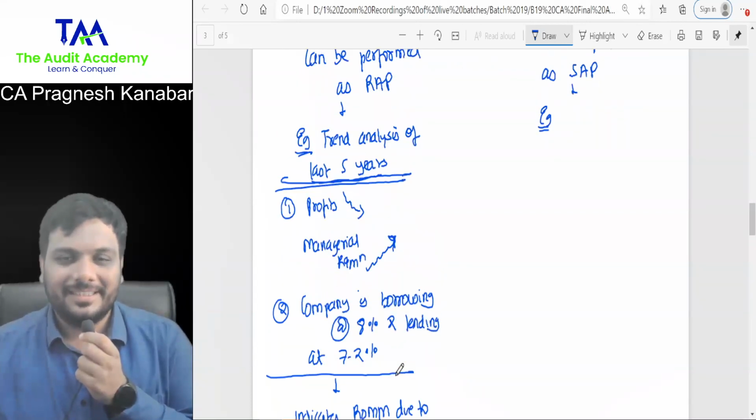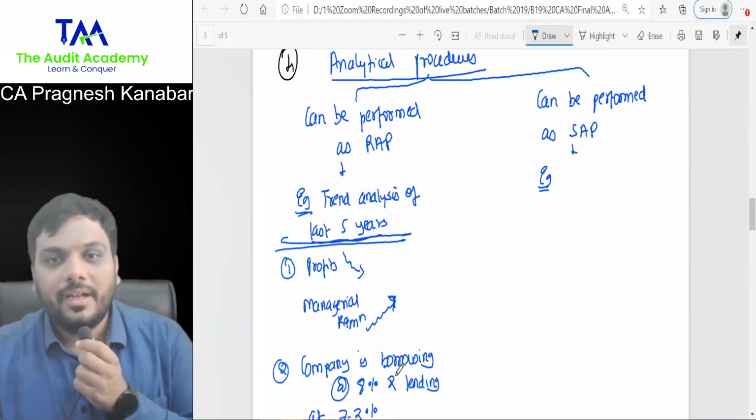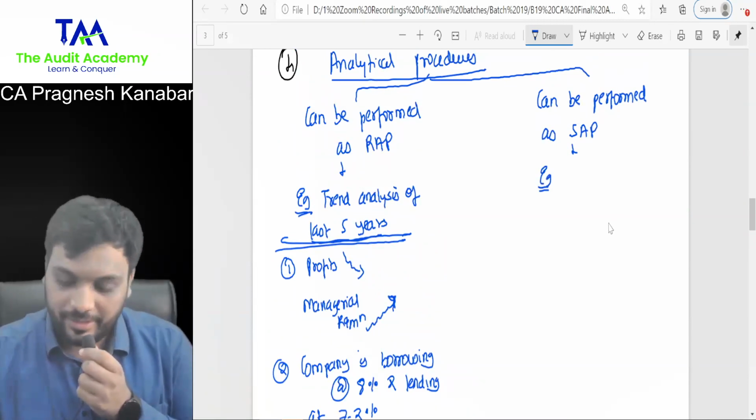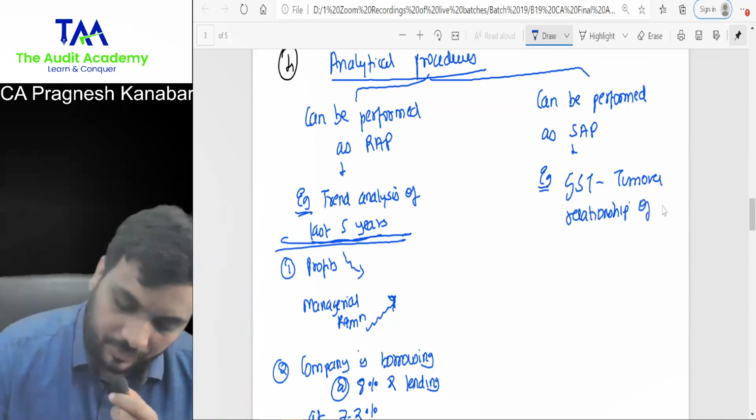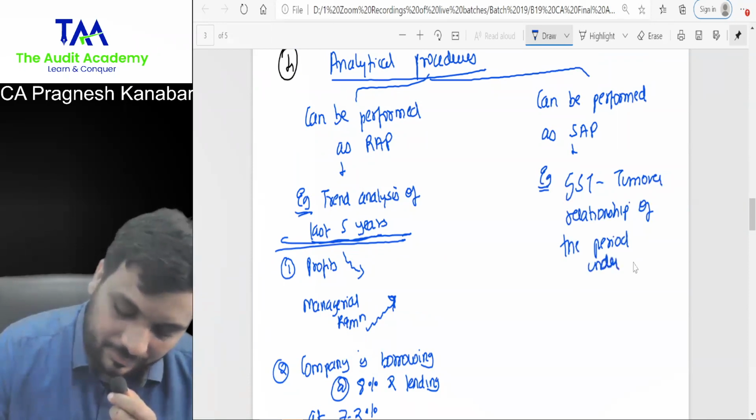Done? Done. So analytical procedures can also be performed as substantive analytical procedures. All right. Example, GST turnover relationship of the period under audit. This is all the testing stage, you know.